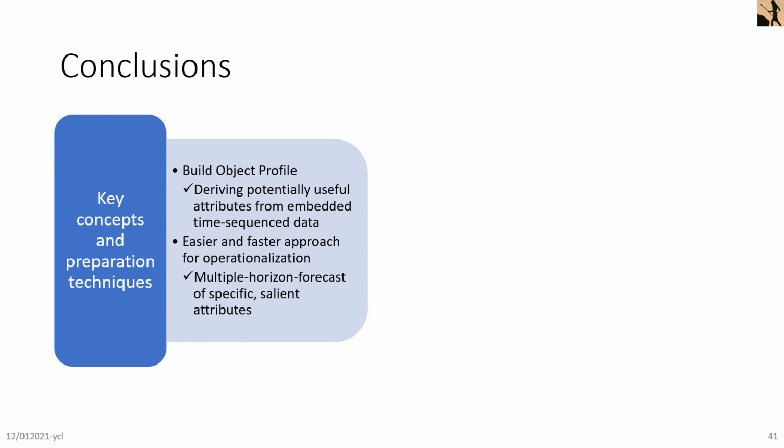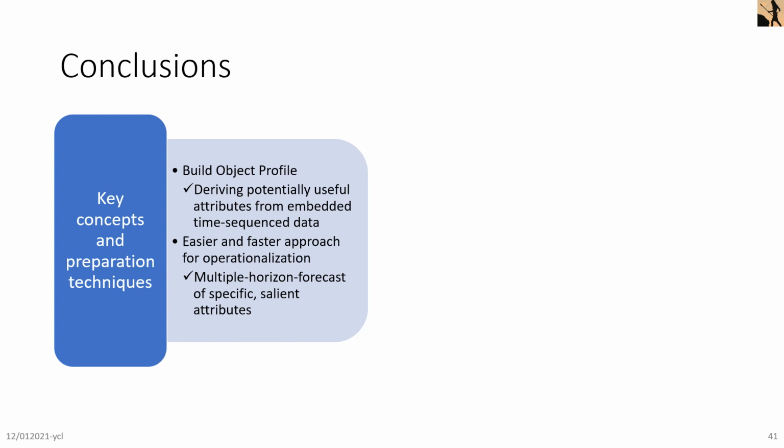But I think if you just take a little look into the examples, you should be able to find out the basic steps that you can do in order to derive meaningful attributes from the windows or the sub-windows, right? So the key concept and preparation techniques here are building the object profiles, and then deriving the useful attributes from the embedded time sequence data.